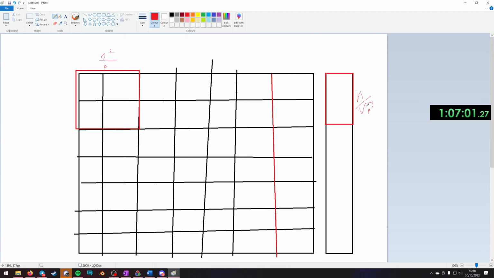And the reason for the square root of p here is that each line, both the horizontal and vertical, is n over square root of p.